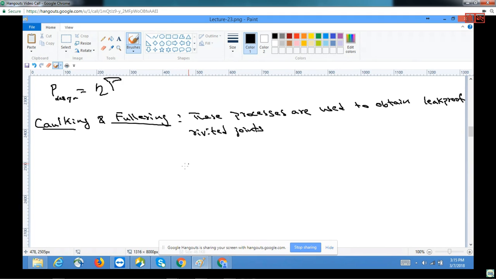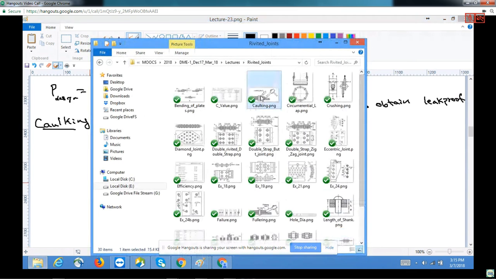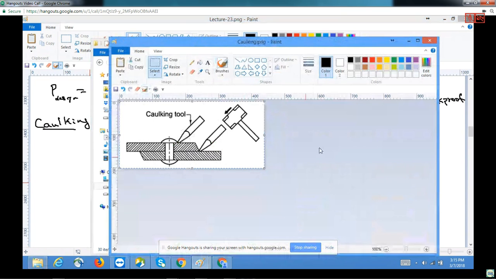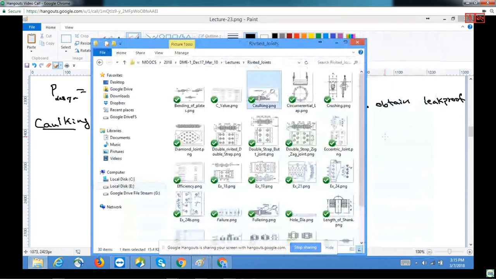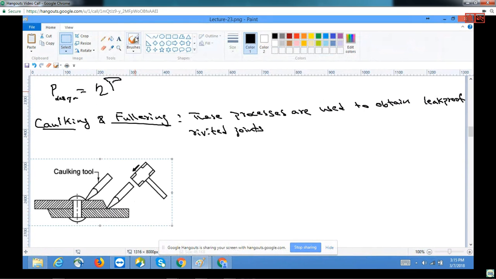Caulking is done in this manner. There is this caulking tool, and either you put it here at the head or at the edge of this plate, and then you just hammer it.